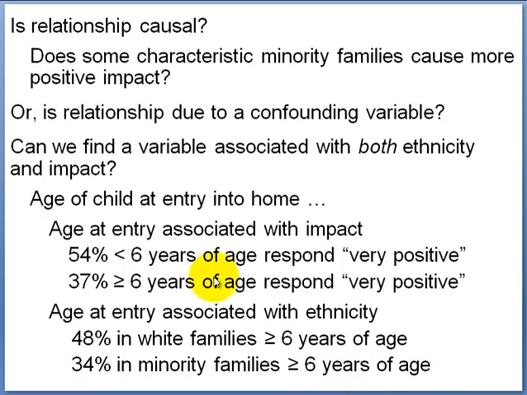So therefore, age at entry into the home is indeed associated with both variables in the initial relationship, with both ethnicity and impact. And because of this, it has the potential, and indeed to some degree is, functioning as a confounding variable. To some degree, it's affecting, in essence, the size of the relationship between ethnicity and impact.